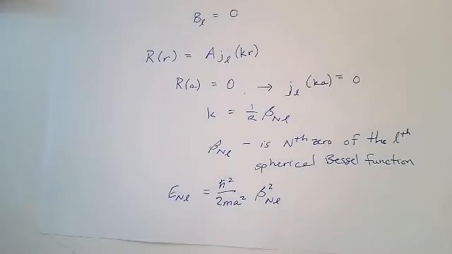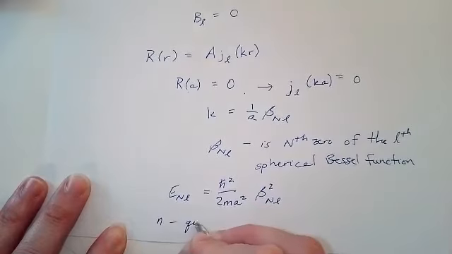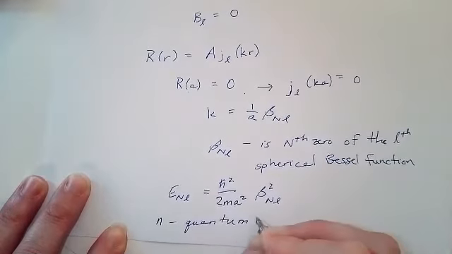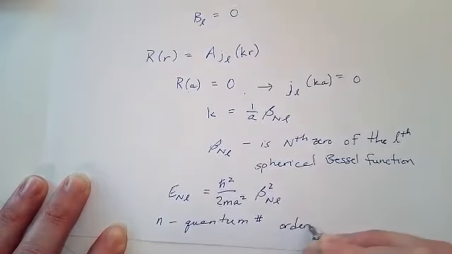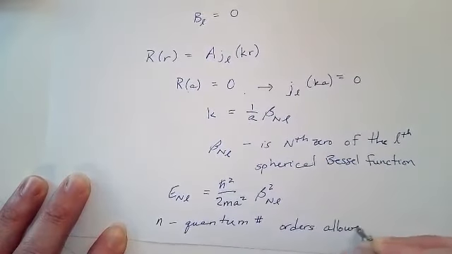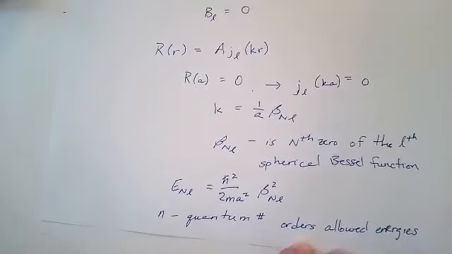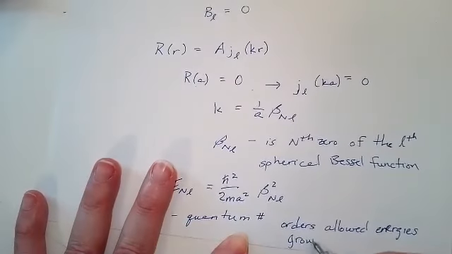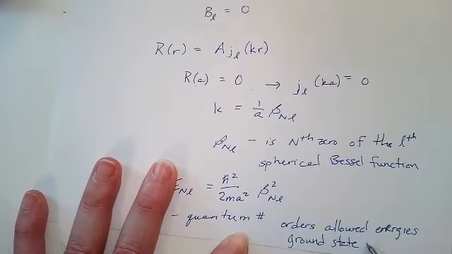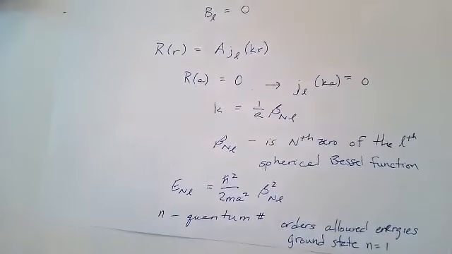All right, so here we're going to introduce the principal quantum number n, which simply orders the allowed energies from the ground state. Right? Okay, so I will introduce that quantum number. So this orders the allowed energies, and the ground state energy is just at n equals 1.